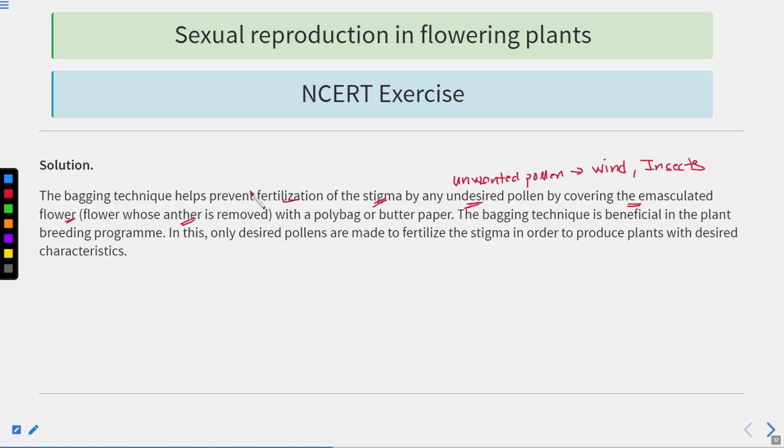Okay, so in the case of bisexual flowers, what is happening? Both the female and the male reproductive structures are present in the same flower.